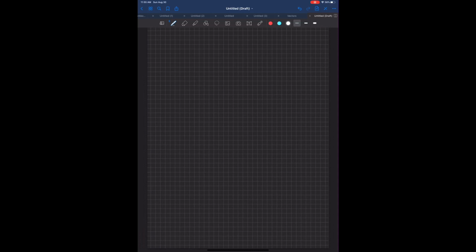Let's go on to a next thought, and that is the concept of components of a vector. Okay. Now, let's define what we mean by components of a vector.